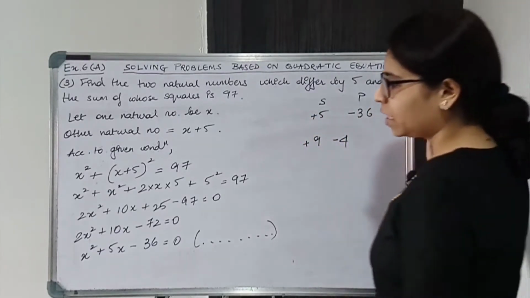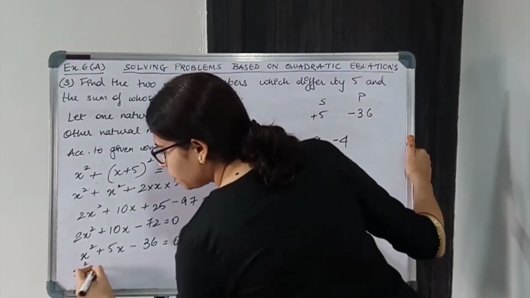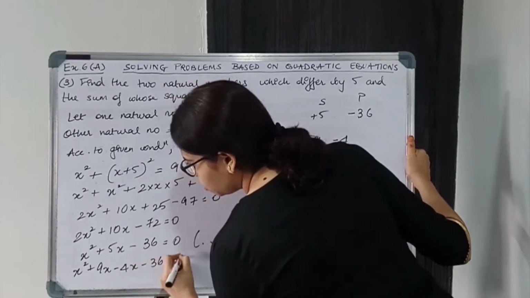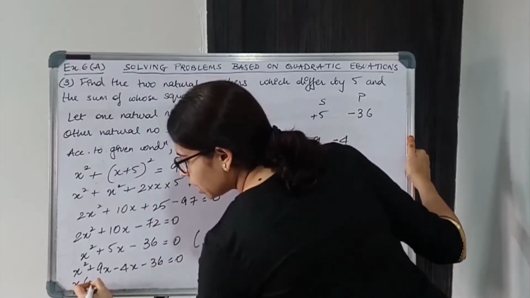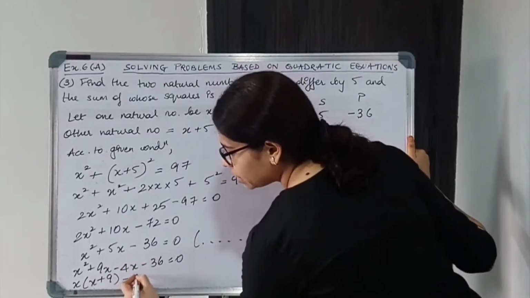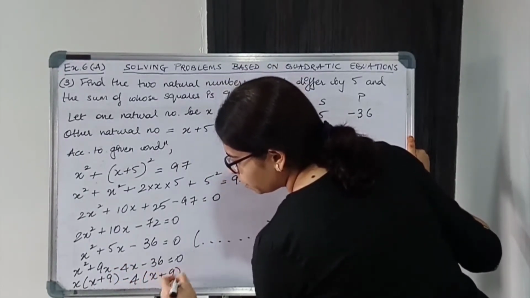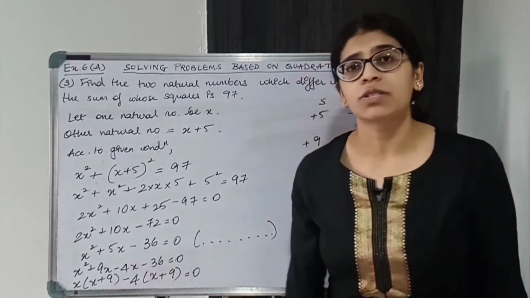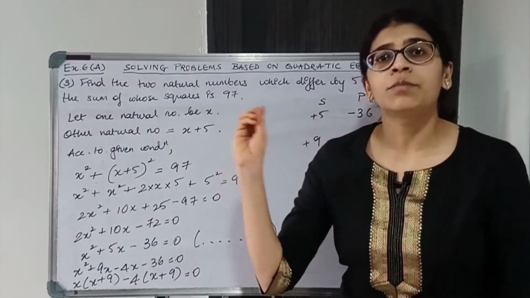So x square plus 9x minus 4x minus 36 is equal to 0. Taking x common: x into x plus 9. Here 4 is common, and we take minus also common. So x plus 9 remains in the bracket, equal to 0. Always keep in mind, whenever minus goes outside the bracket, the signs inside the bracket change.